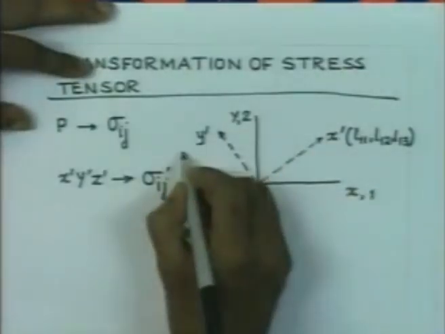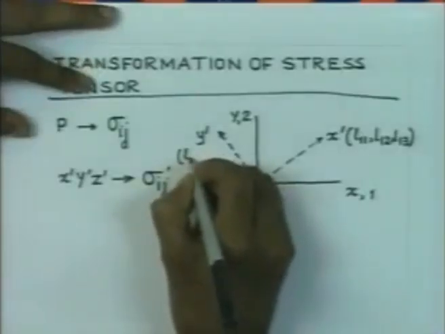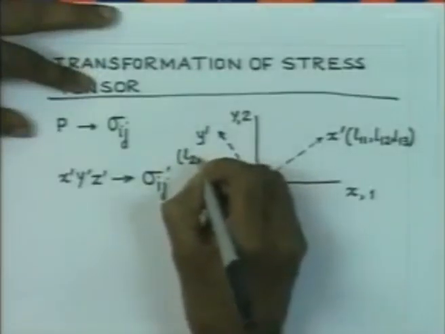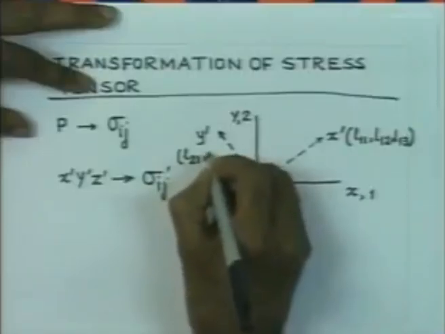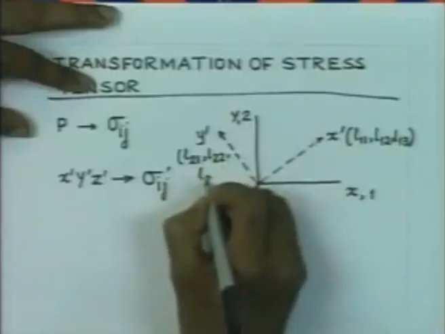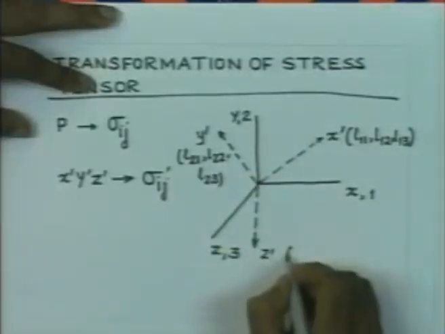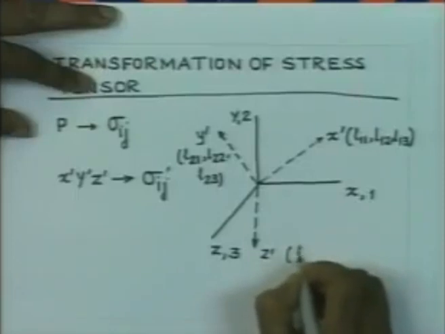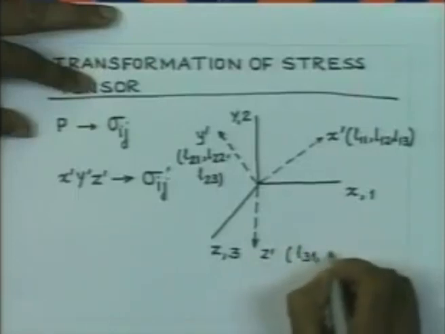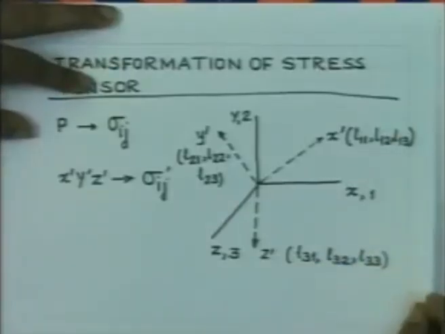Also, the direction cosines of this axis y dash are L21, L22, L23, and the direction cosines of z dash are L31, L32, L33.